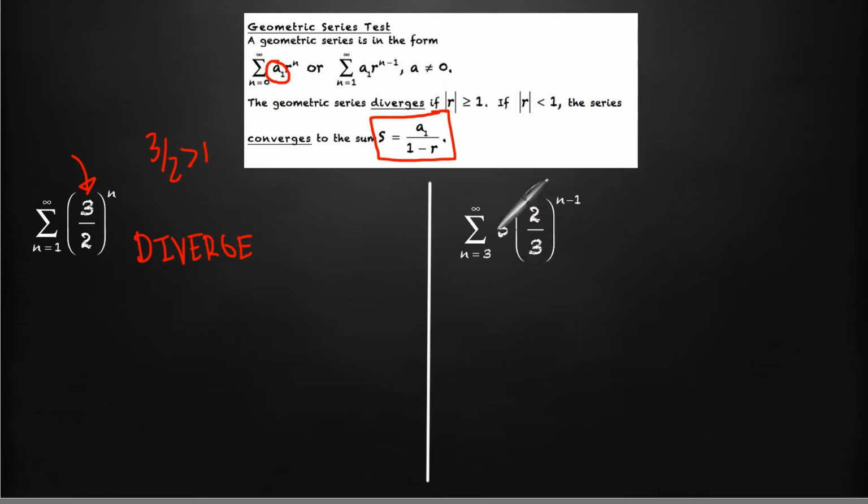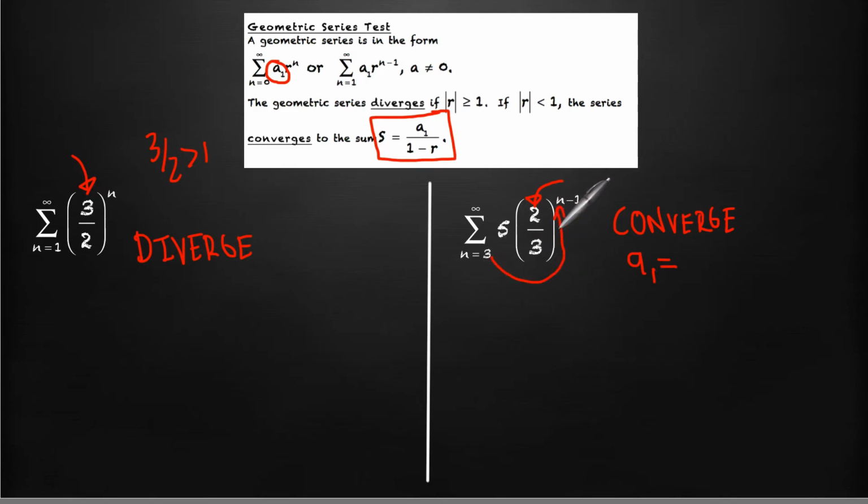Now this one, we see that our r is 2/3. So we are multiplying by something smaller than 1. So this is going to converge. Now the question is, what is it going to converge to? What is the sum of terms 3 to infinity? Well, let's just first see what a1 is. a1 is what you get when you plug in 3 into this formula.